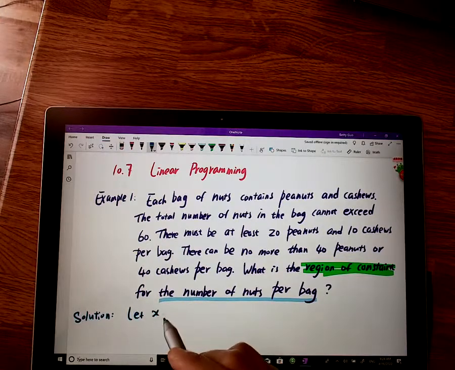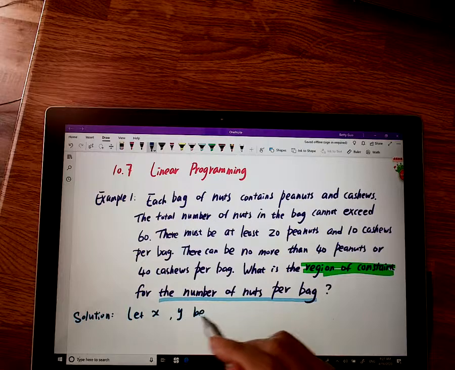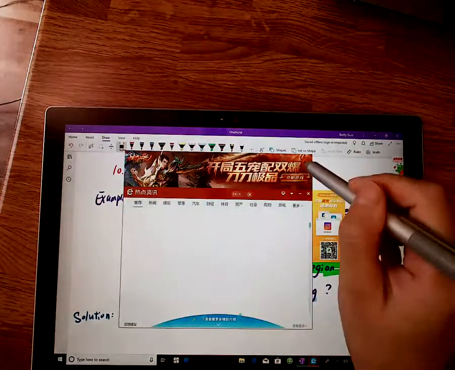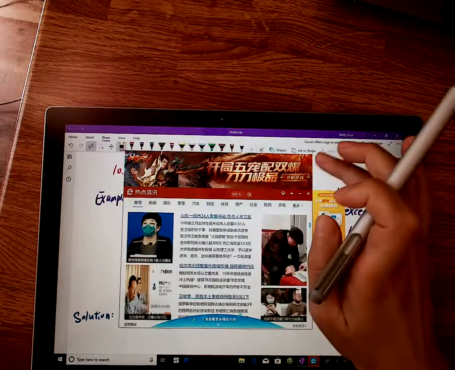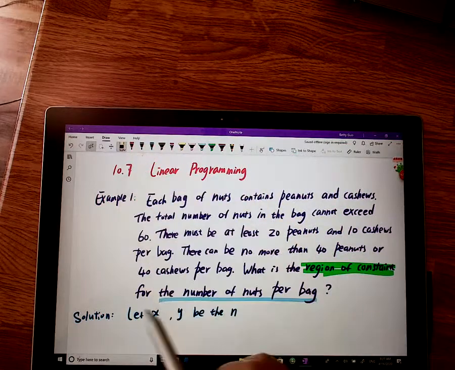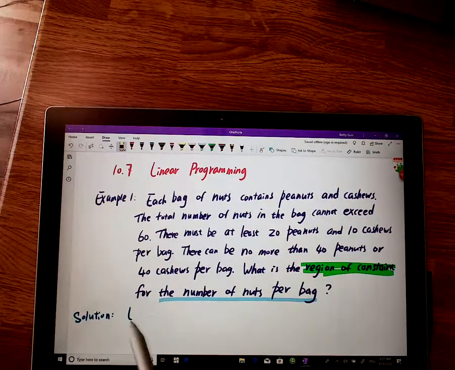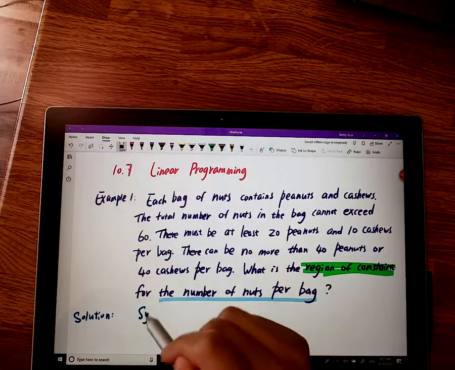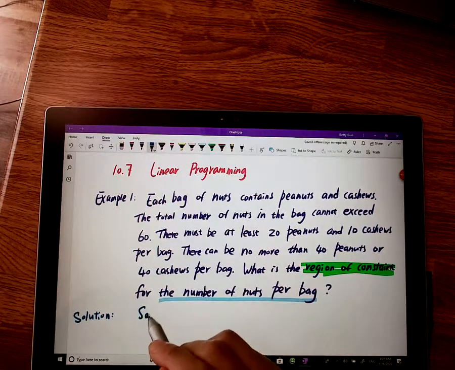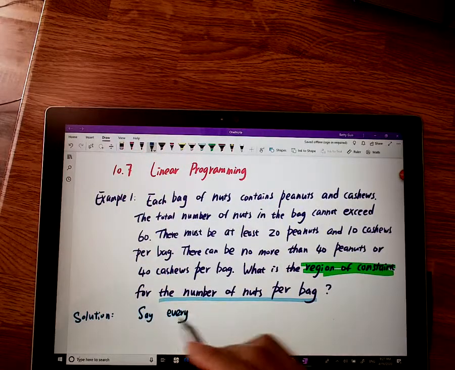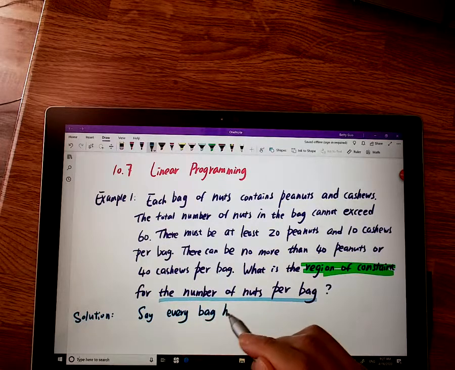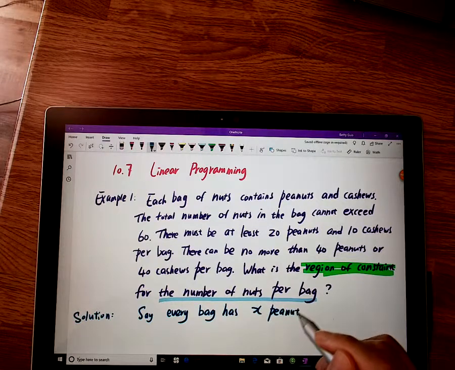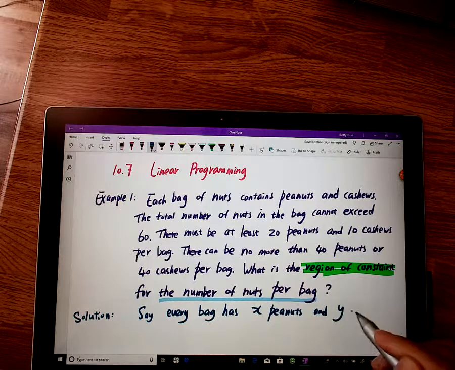Let's say every bag has x peanuts and y cashews.